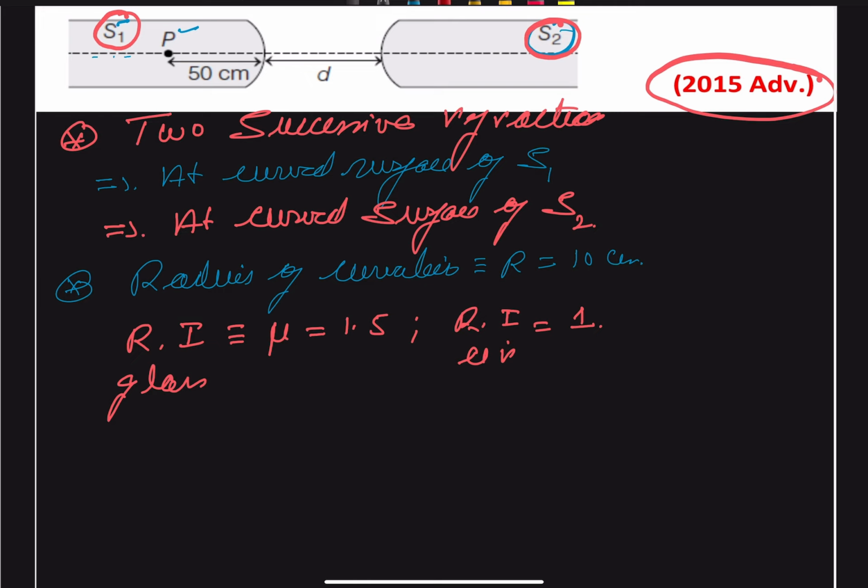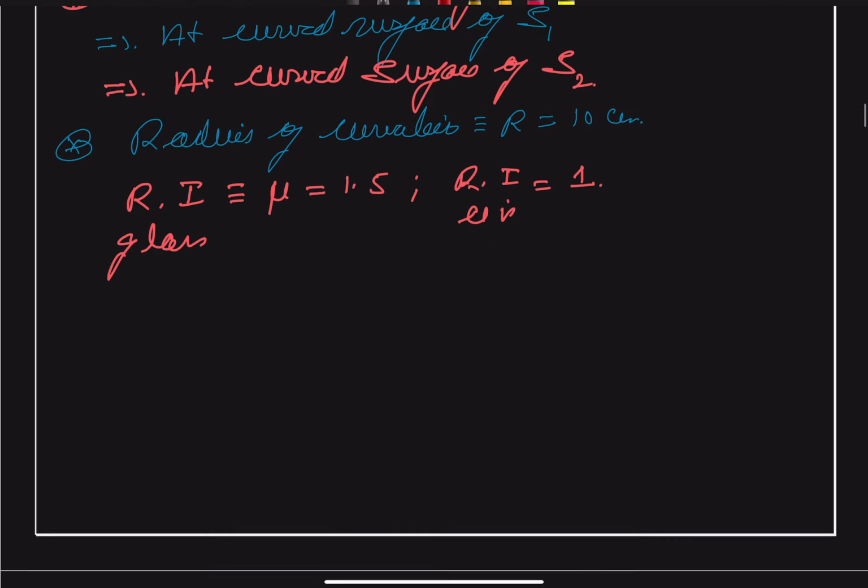And we are given that the point object is inside S1 at a distance of 50 centimeters. So u with respect to S1 is equal to minus 50 centimeters.